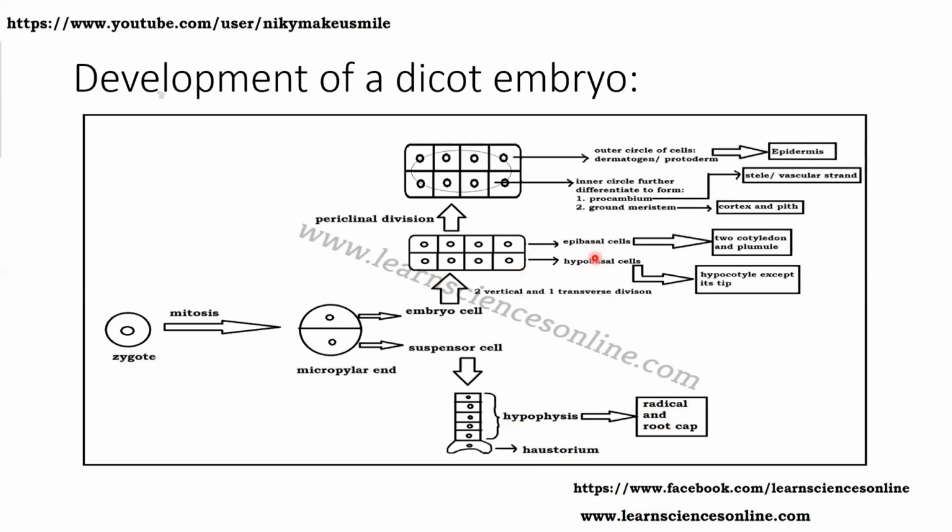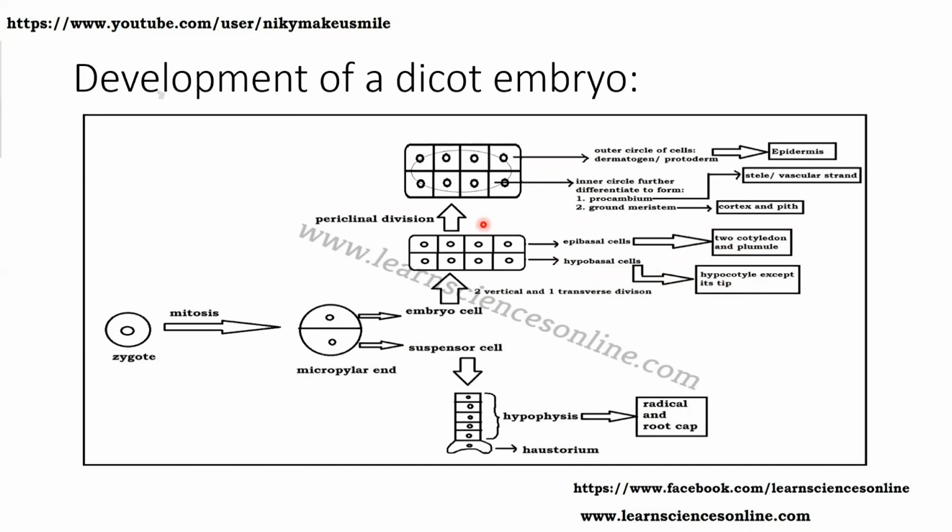So these epibasal cells finally develop to form two cotyledons and plumule. So plumule basically develops from the epibasal cells, and these hypobasal cells divide to form hypocotyl, except its tip. The tip is not formed by the division of hypobasal cells.